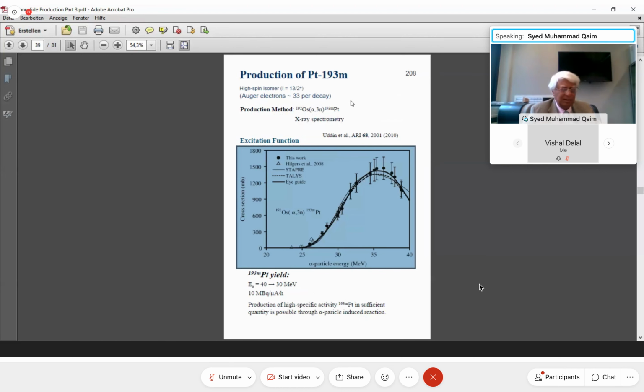Auger electrons are low energy electrons, and it throws a shower of Auger electrons. If one nucleus of platinum 193m decays through internal conversion, it throws almost 33 Auger electrons. It's a shower of Auger electrons.